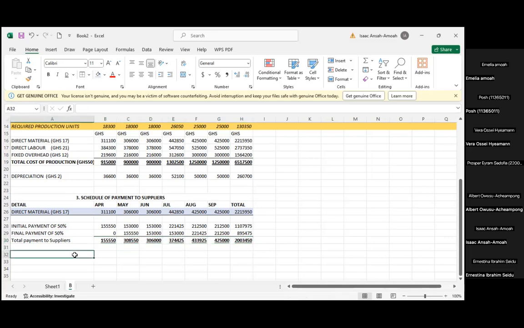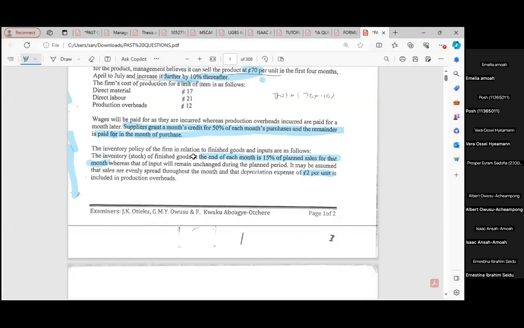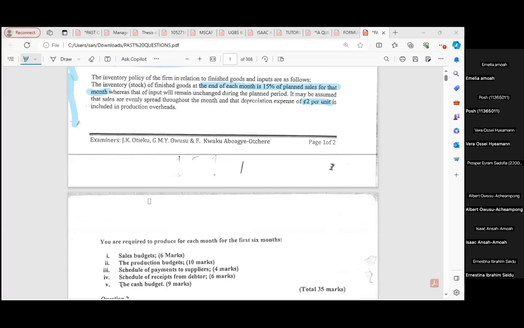Now per the questions or per the requirement, we have to do schedule of receipts. Please, I have a question. I thought when we total it, we would get the total amount of the... can we please go back to... Yes. Is it because we are missing March?